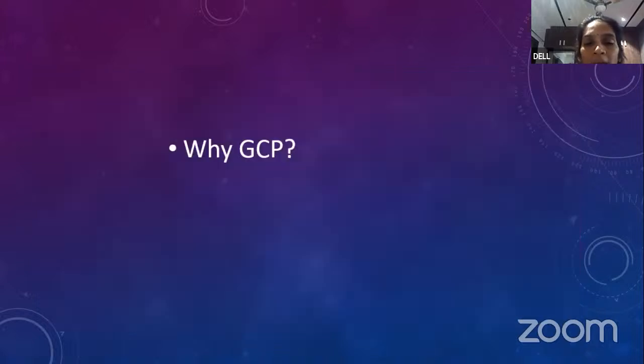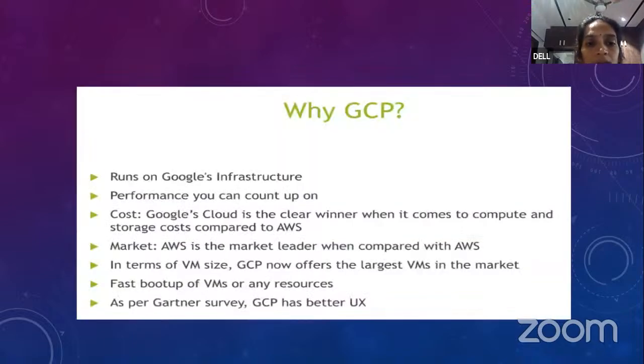In the market, we have so many cloud computing technologies like Azure, AWS, and GCP. Then why are we choosing GCP? It runs on Google's infrastructure. Performance you can count upon means that if we choose any cloud computing technology, we may face some issues with those services.